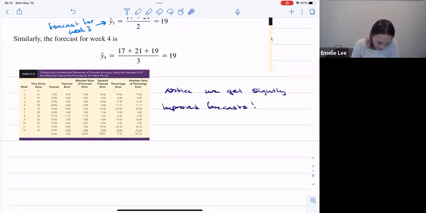Of course, if we're forecasting for week 8, for example, then our forecast would be the average of the first 7 weeks, and so on and so forth.